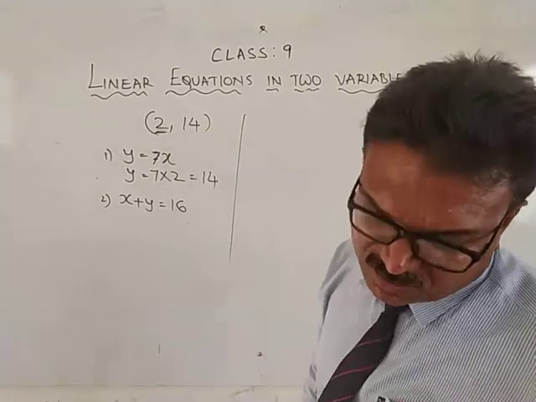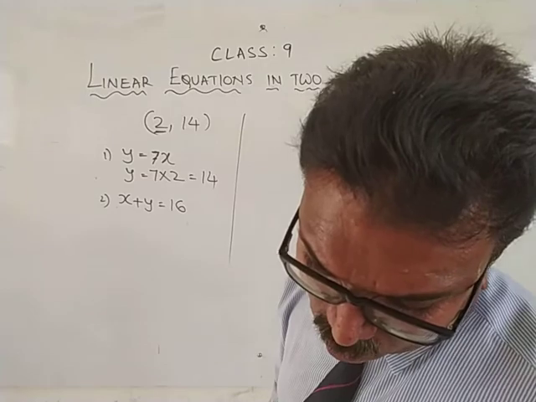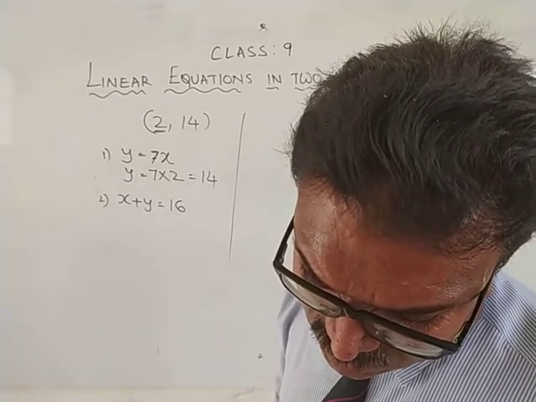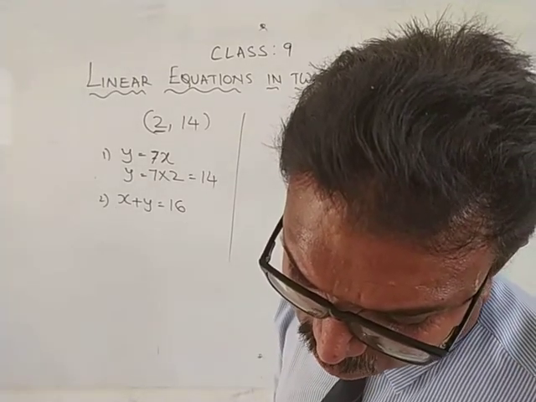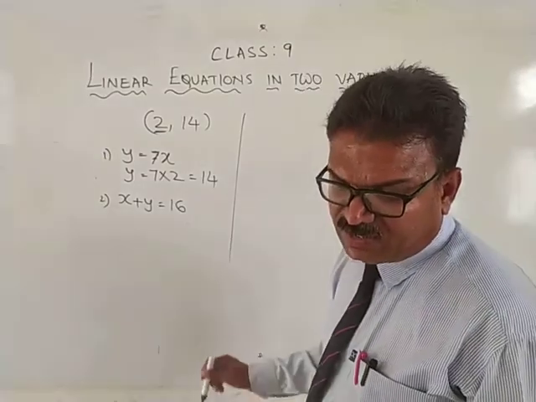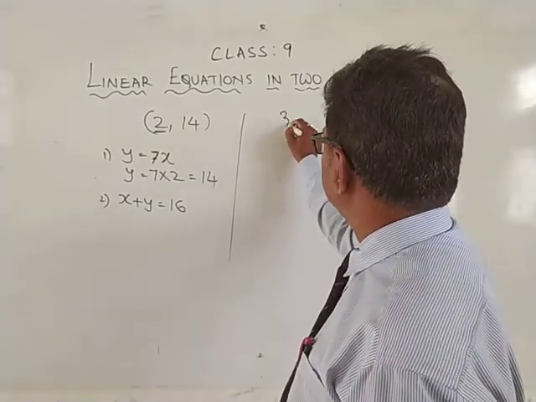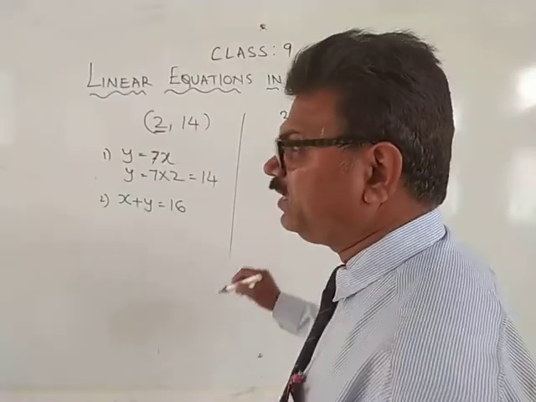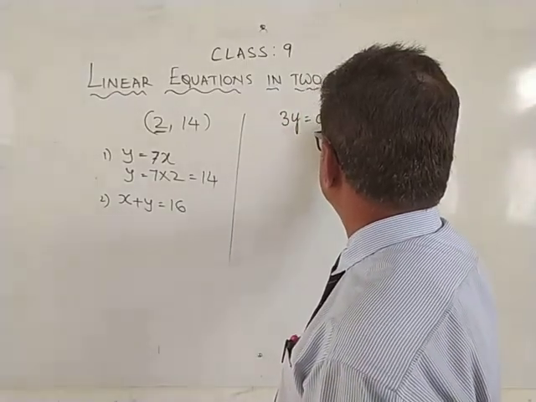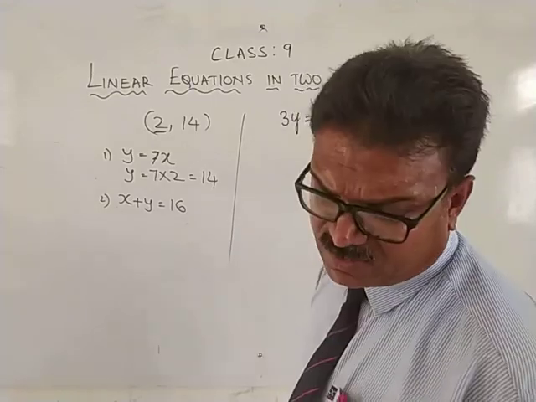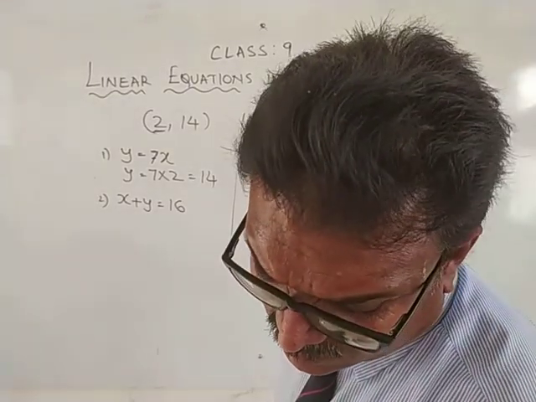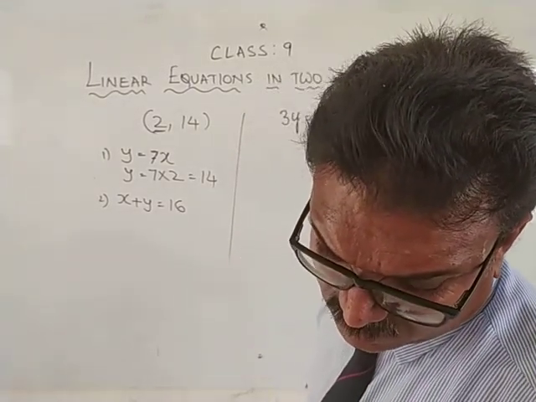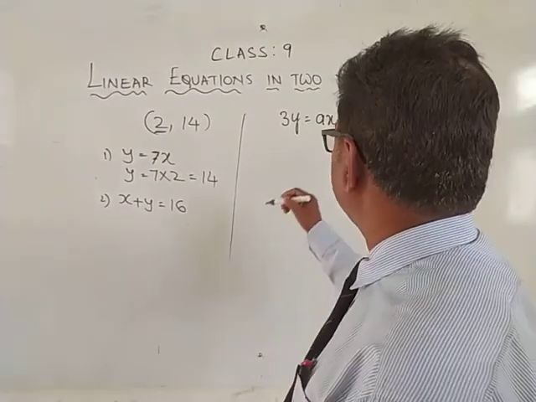Yes, next question. If the point 3, 4 lies on the graph of the equation 3y equal to ax plus 7, it passes through 3, 4.